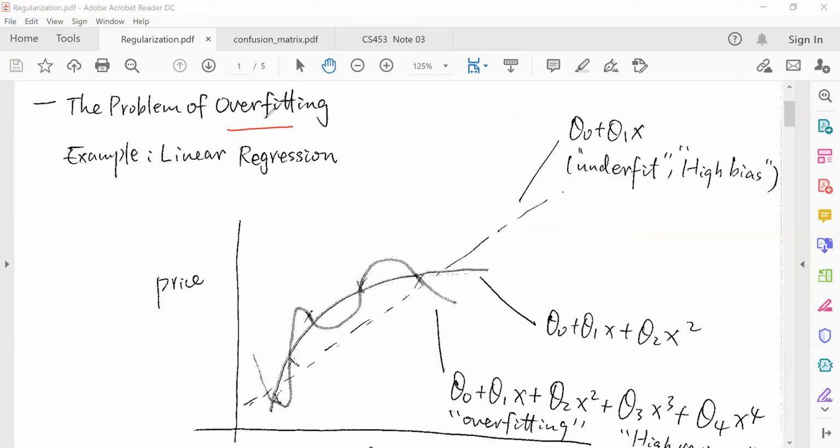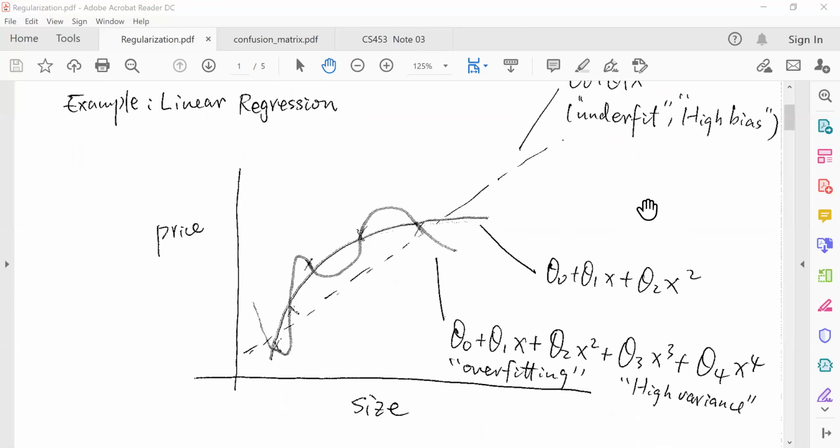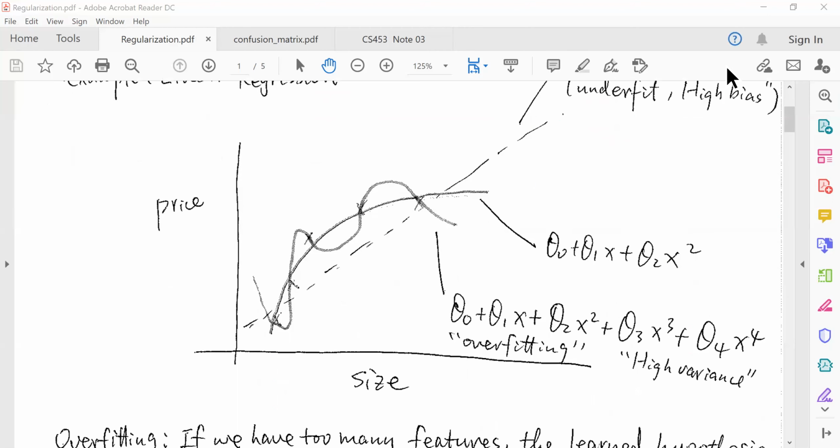For that example, for those samples, you can also use a polynomial for prediction, and it's kind of getting close. So that's one polynomial. And you can also use a much more complicated polynomial to predict.